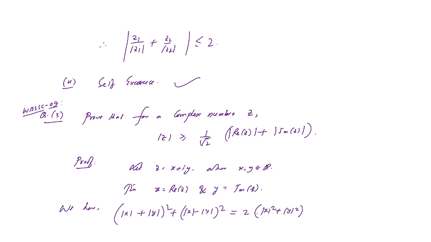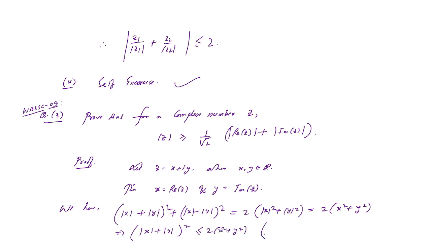This is a simple thing, so we can prove it very easily. So we can write it as 2 into (x square plus y square). So now from this line we can write the next line: (mod x plus mod y) whole square is less than or equal to 2 into (x square plus y square).